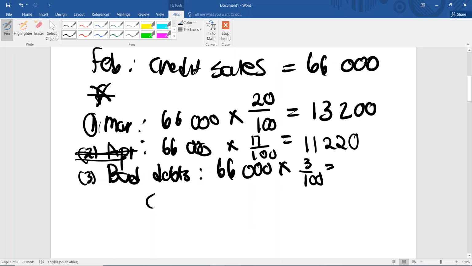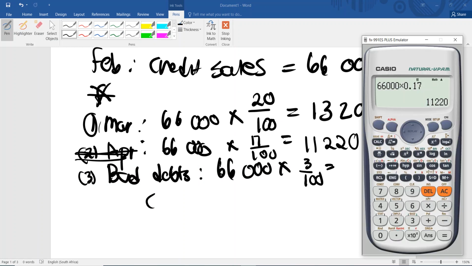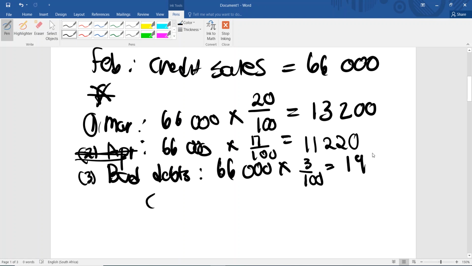So let's see, 66,000 multiplied by 0.03 is giving us 1,980. So those bad debts will be 1,980, and then from there we proceed to the next month.